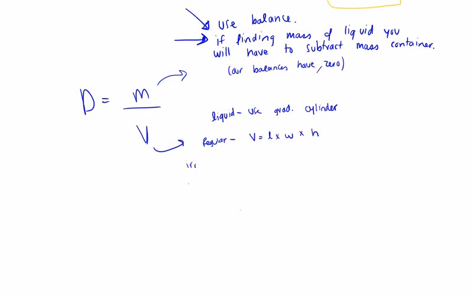If you have an irregular shaped object like a rock and you wanted to find the volume of the rock, you're going to use the water displacement method.